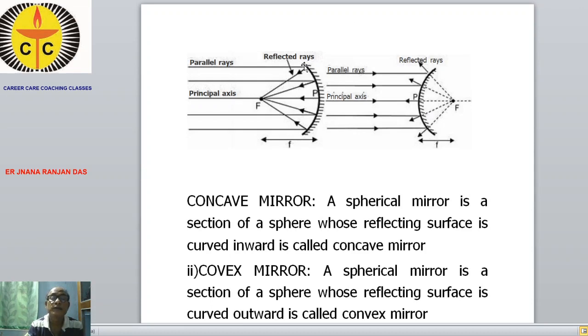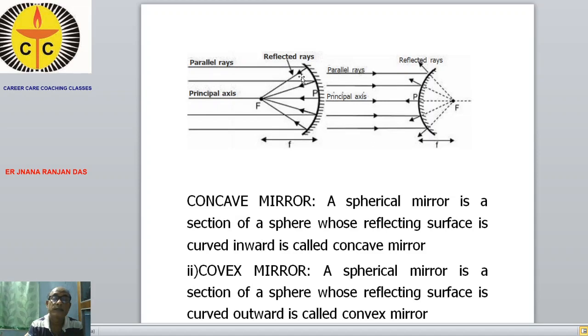If we take the circular section, this is the section of the concave mirror, and this outline is circular.